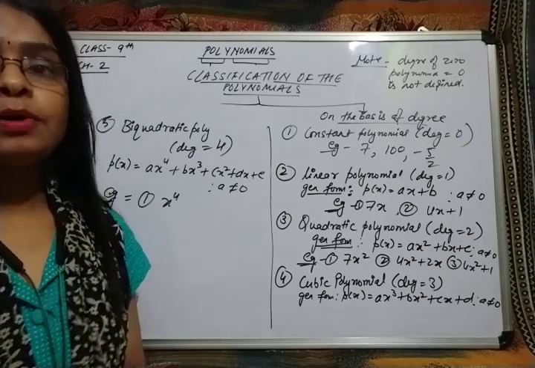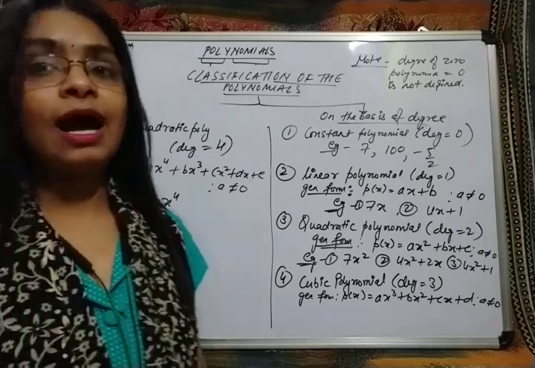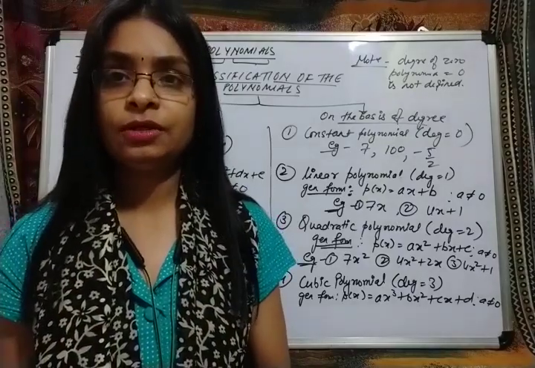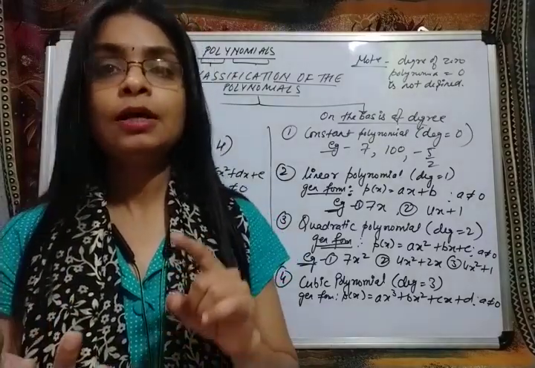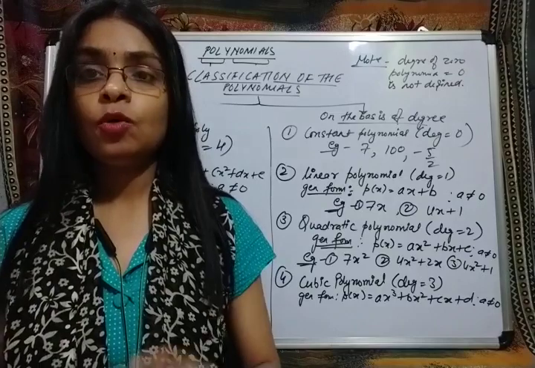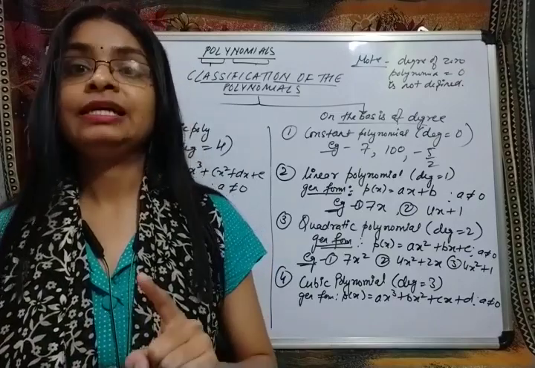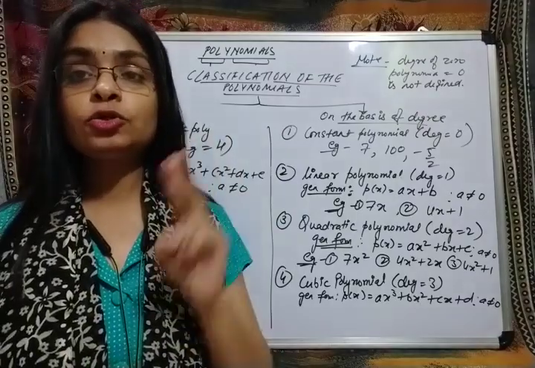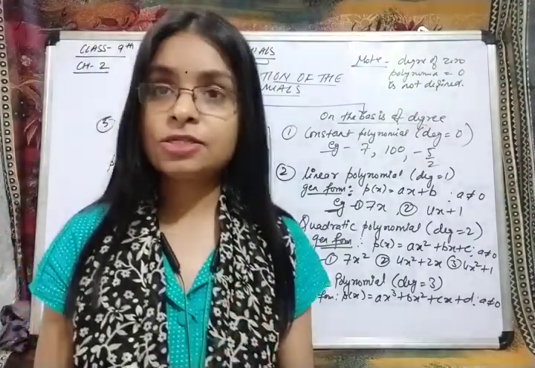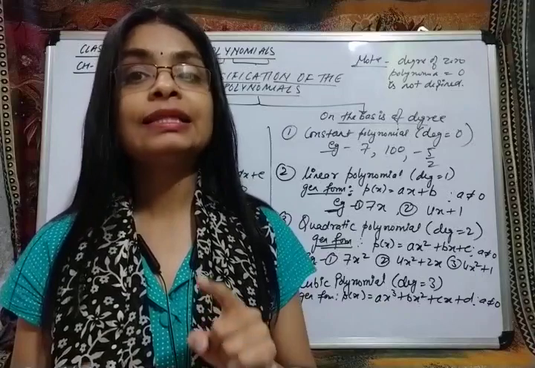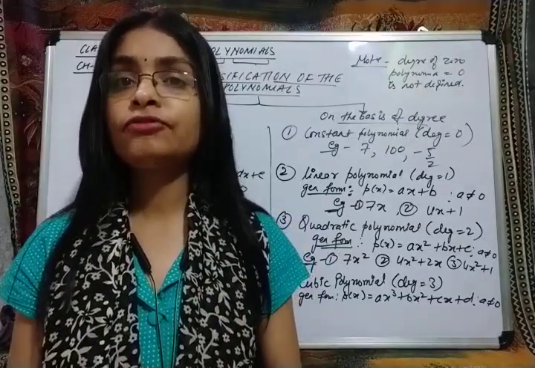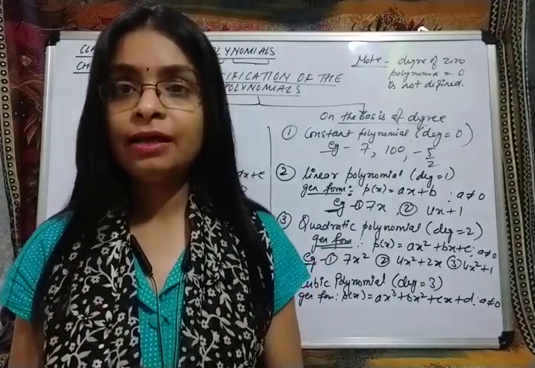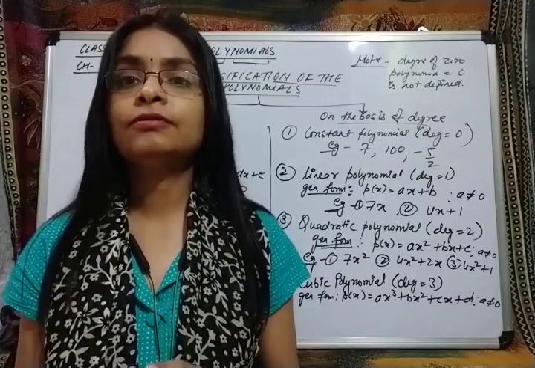And I hope you all have understood what I have taught in this video. Okay, what I have taught: what is a polynomial in one variable, what are terms, coefficient, degree and the types of the polynomials. And that is also on the two bases. First, on the basis of number of terms, and the second on the basis of degree. Okay, on the basis of terms, how many?